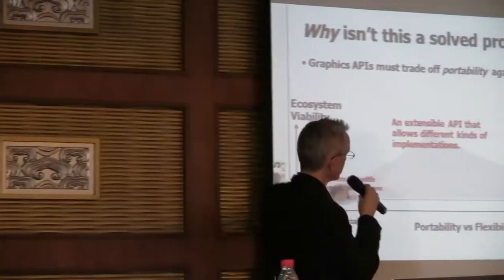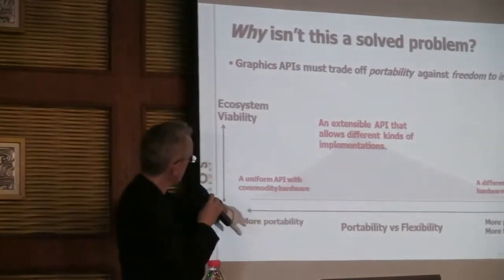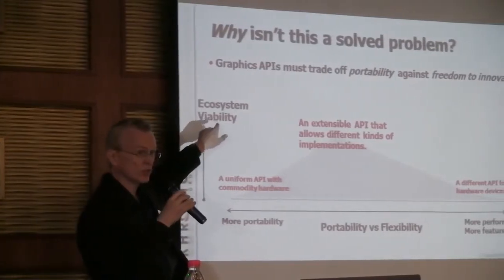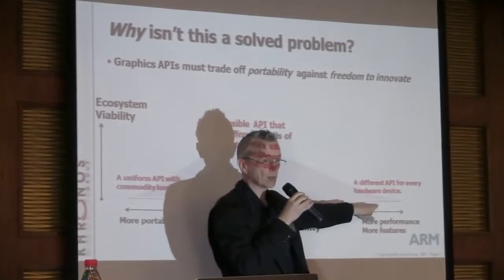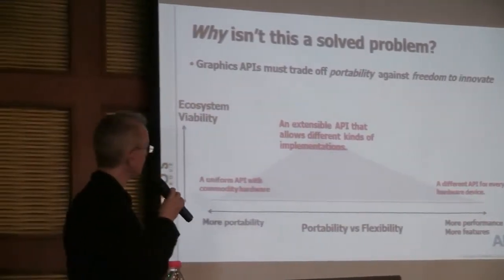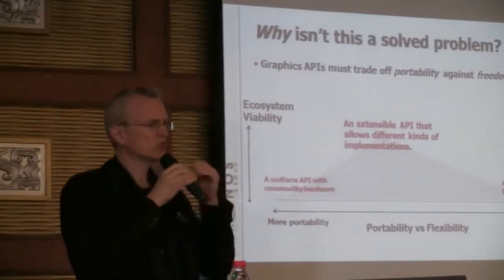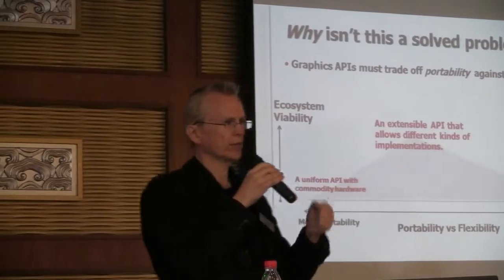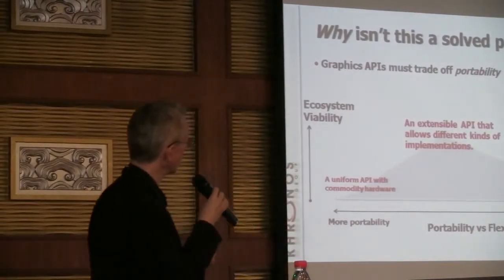So the result is, I've here plotted flexibility versus portability and ecosystem strength, economic strength. If we're in this space, the economic strength is poor because the software developer can't make money. At the other extreme, we could make an API which completely defines everything that the hardware must do, and no one is allowed to do anything different.